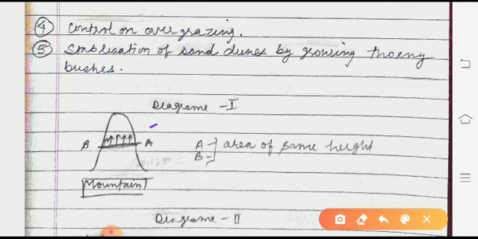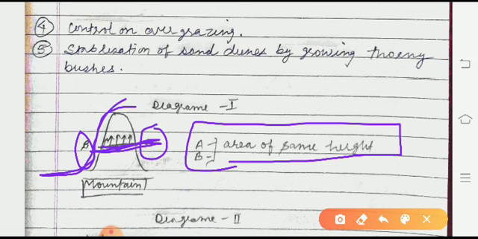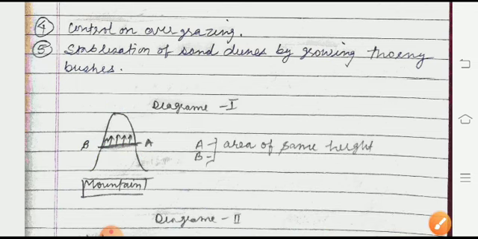On this side we have A and B. This A and B represent areas of the same height. When we cultivate the areas on the mountain at the same height, they act as, or provide us with, a flat plane which helps to reduce the flow of water and prevent soil erosion. This is called contour plowing.